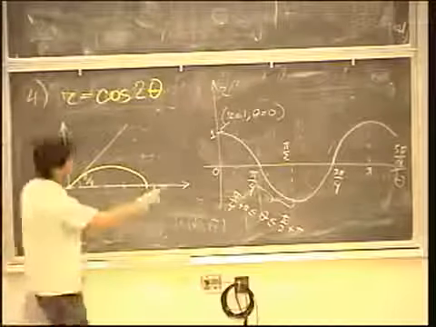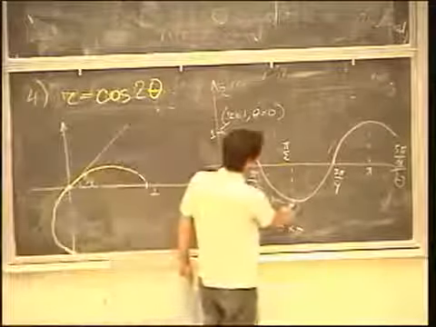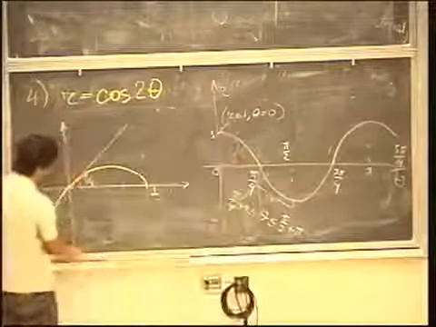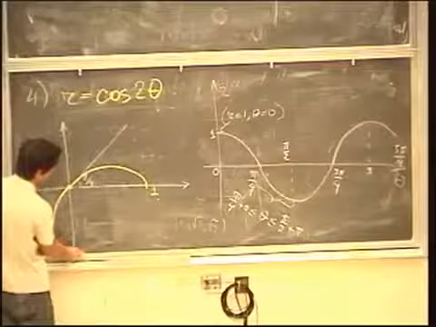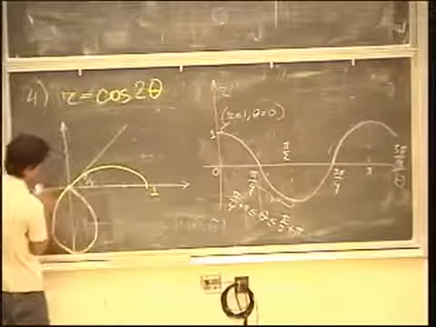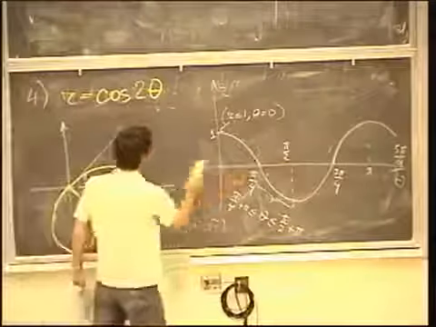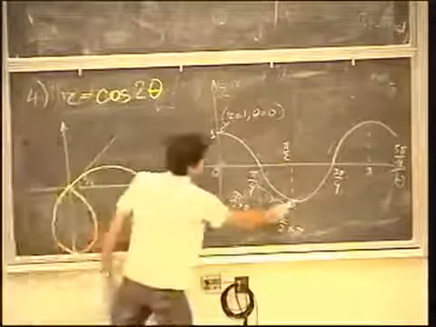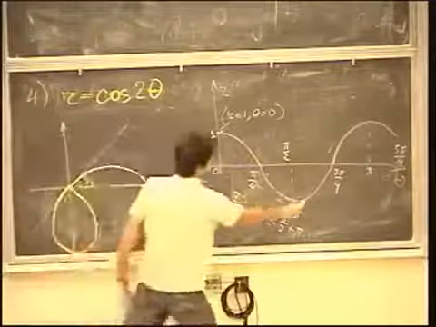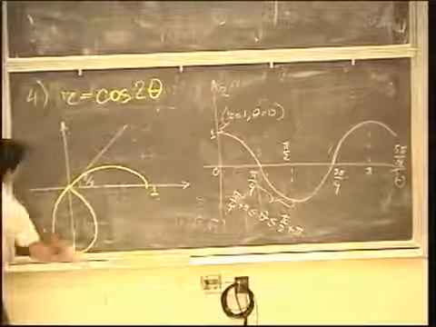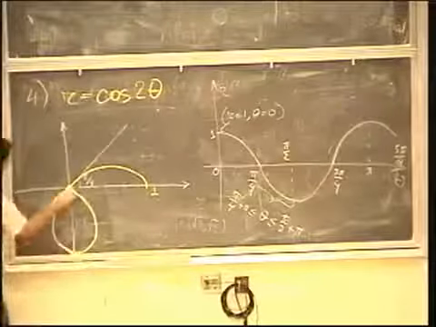Now it becomes positive. Oh, sorry, it still stays negative, and it continues to 3 pi over 4, and that's like this. So see, this segment is this, this segment is this, and I think now you can probably already guess what it's going to look like. It's going to be like this.